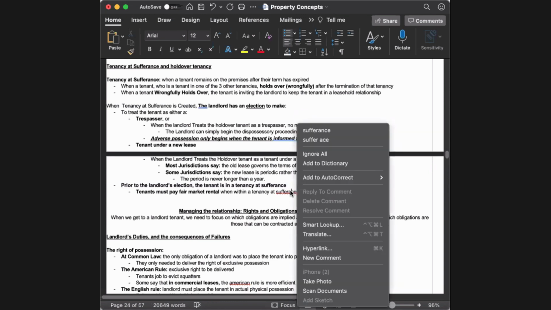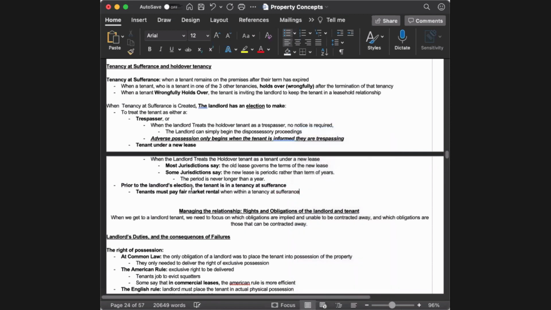So until the landlord makes an election, we consider them the holdover tenant, or the tenant at sufferance. Instead of paying whatever the lease laid out, we just judge it on the fair market value until an election is made.